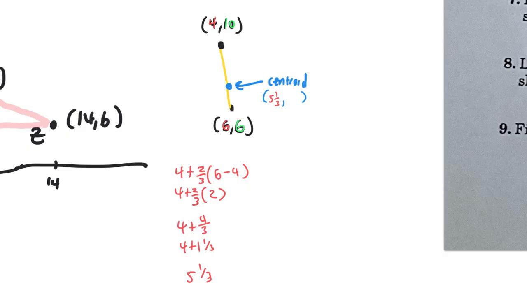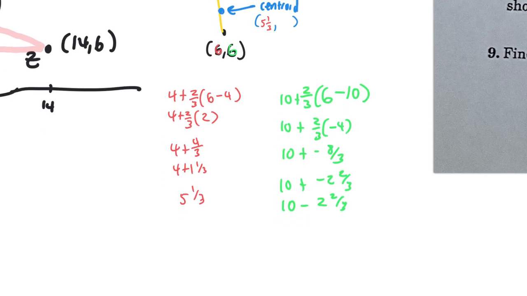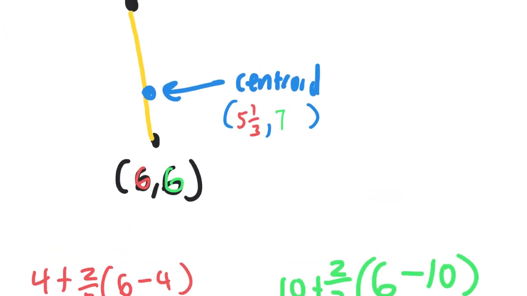So when we do 2/3 of the difference, it's going to be the y coordinate of the rightmost point minus the y coordinate of the leftmost point, and we will be eventually adding that to the 10. Okay. So we have 10 plus 2/3 times -4. That's 10 plus -8/3. That's really 10 plus -2 and 2/3. That's really 10 minus 2 and 2/3. And that's really 7 1/3. So that's this.